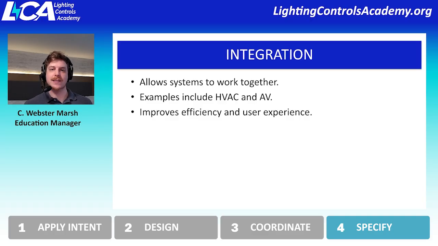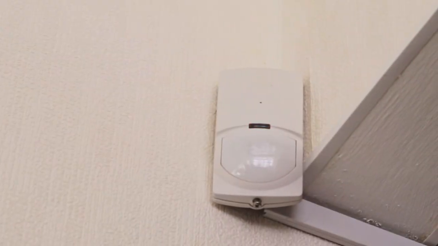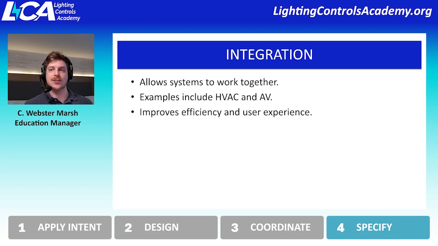If you have redundancy, like a motion sensor in every space alongside an HVAC motion sensor, you can reduce that down to one motion sensor. And so if there's an issue with the motion sensing in a space, you can just locate that one device rather than having to pick which of the two devices need to be addressed. And as a result, your troubleshooting efficiency is going to go up.